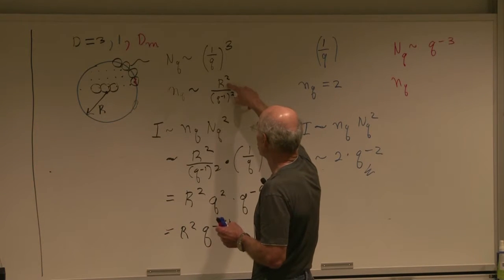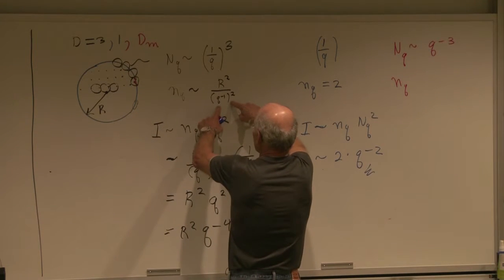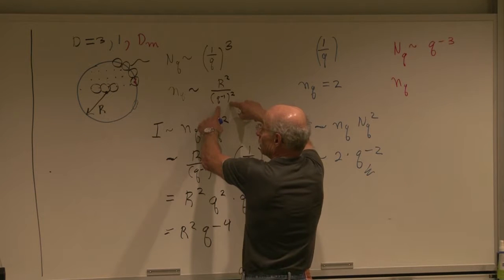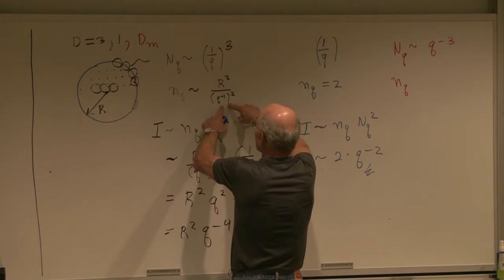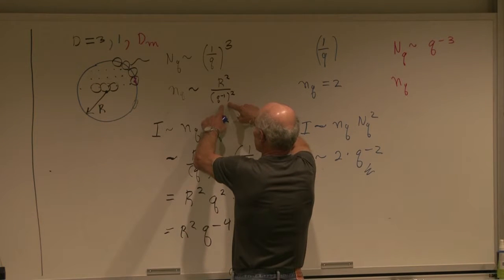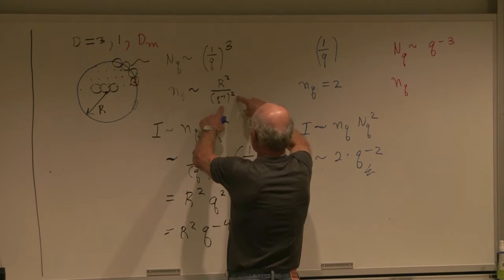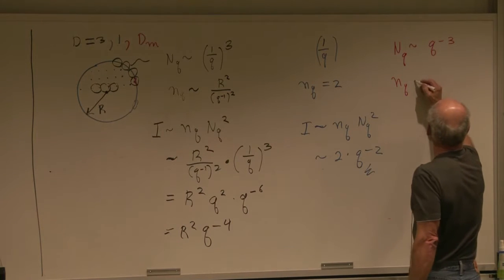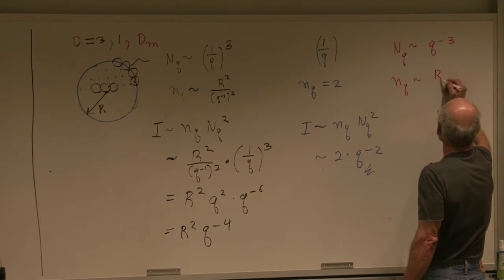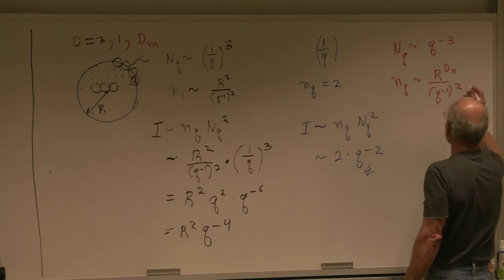Remember, this was the ratio of the area of the sphere to the cookie-cutter area of the disk that these Q regions create. So if I put a different dimensionality here than there, that's not going to work, I don't think. Let's try it. R to the d_s, the surface fractal dimension, all over Q to the minus 1 squared.